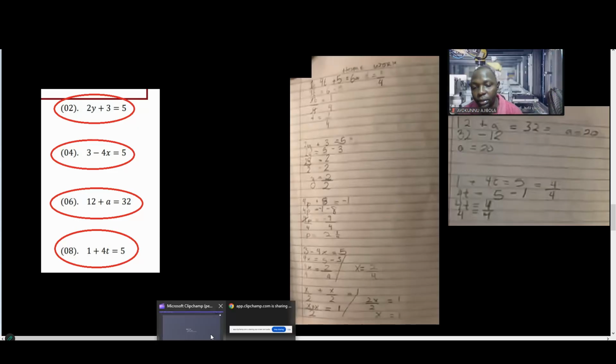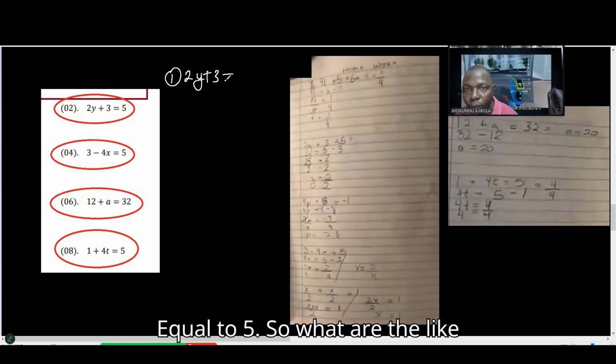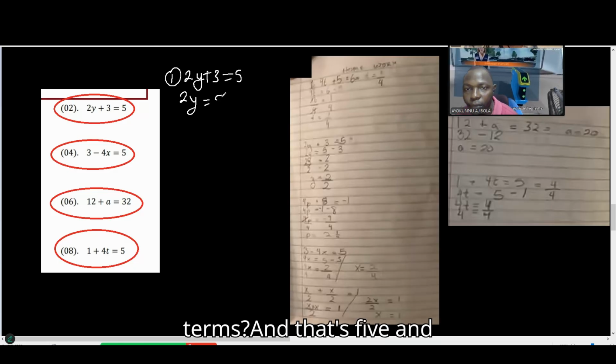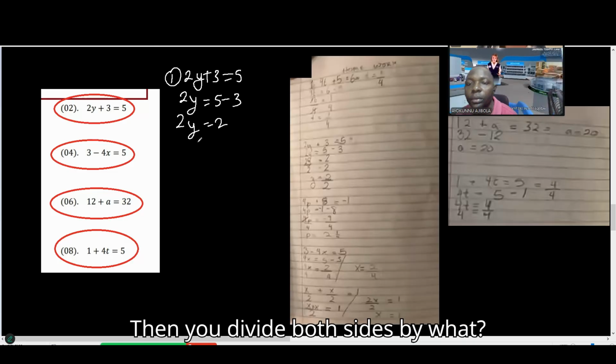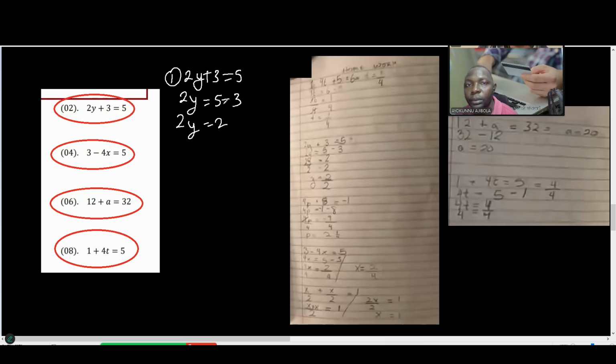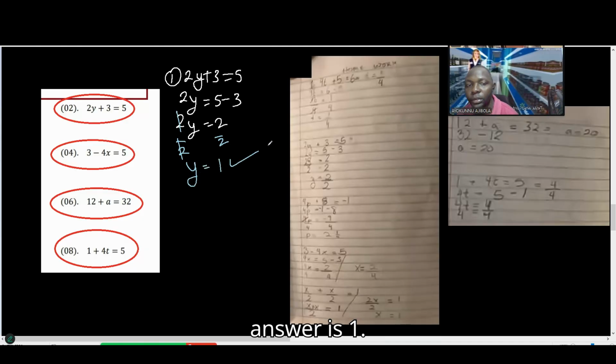All right, so the first one, we have 2y plus 3 equal to 5. So what are the like terms? That's 5 and 3. So 2y equal to 2. Then you divide both sides by 2. So the answer is 1.